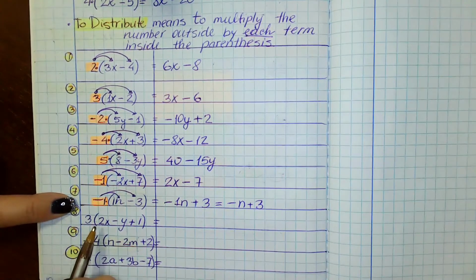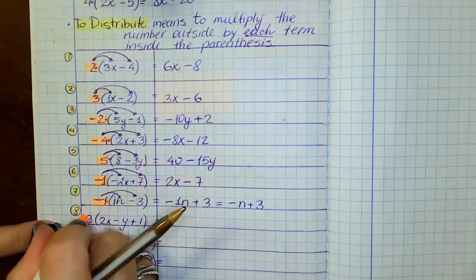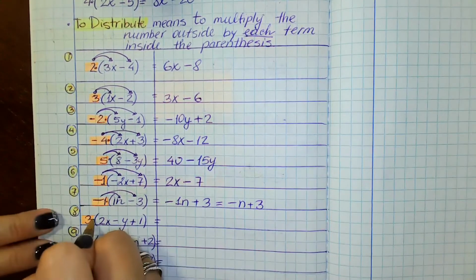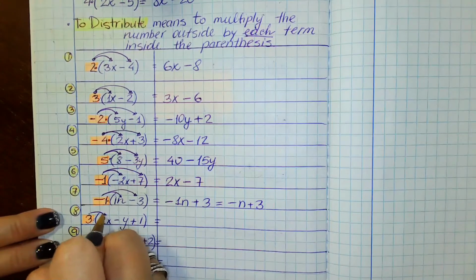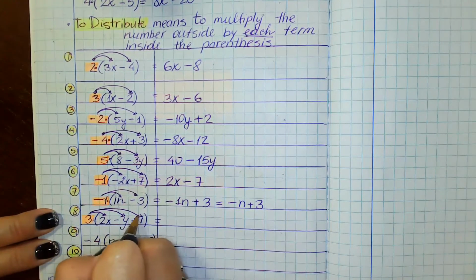In the next example, I have 3 outside, and inside the parentheses, I have 3 terms. So guess what? I'm going to have to multiply the number 3 three times: 1, 2, 3.